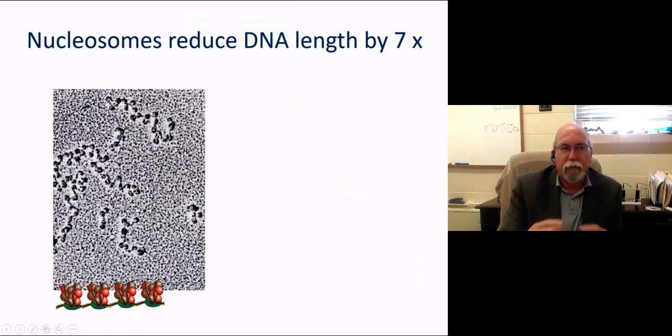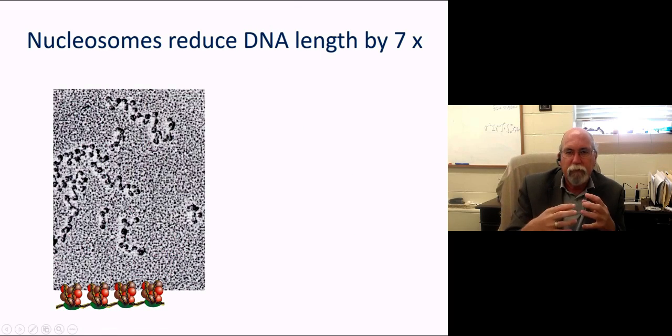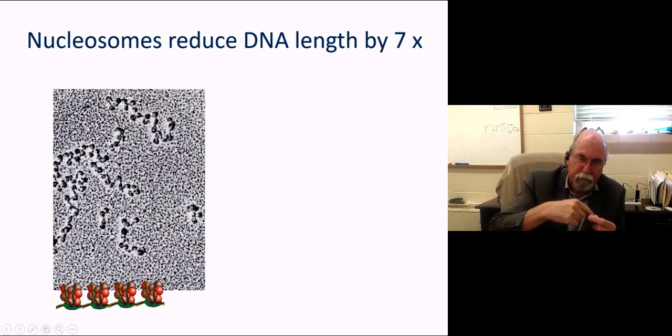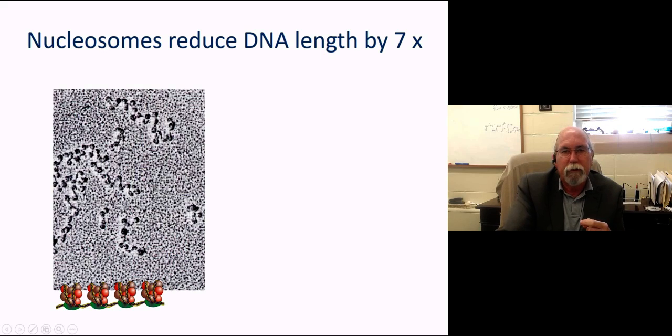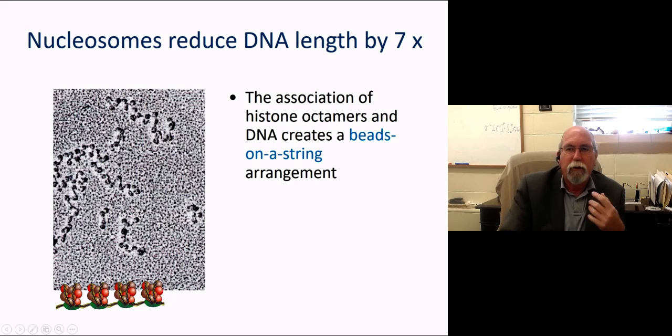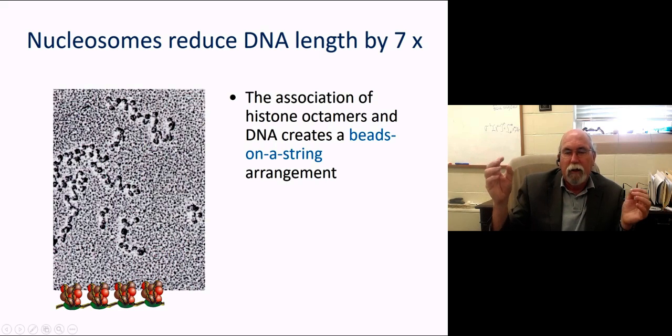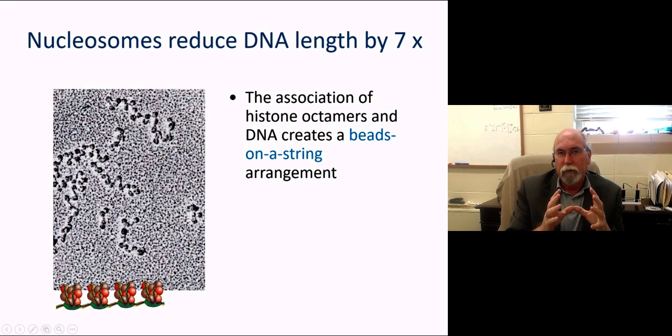Okay, now where have we gone so far? We've taken DNA and we've coiled it. We made some reduction in its length. We now take DNA and we put it into these beads on a string. We get a definite reduction in length formed out, and this is basically the form that we're going to find much of our DNA in when we look into a cell in G1, okay, in any somatic cell. All right, and that's the way it stays, for the most part, until we get to replication.